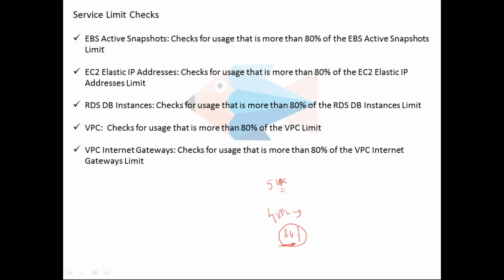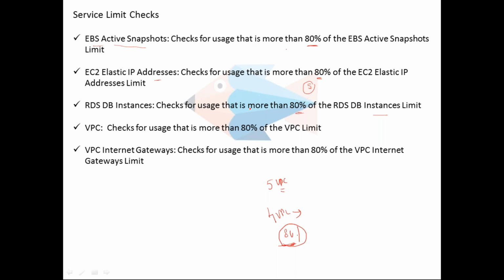EBS active snapshots, it will check for the usage that is more than 80% of your EBS active snapshots. Elastic IP address, so you can create 5 elastic IP addresses per region. So if you have used 80%, it will warn you. RDS DB instances, check for the usage that is more than 80% of your RDS DB instance limit. So you can also create only a few DBs in AWS.